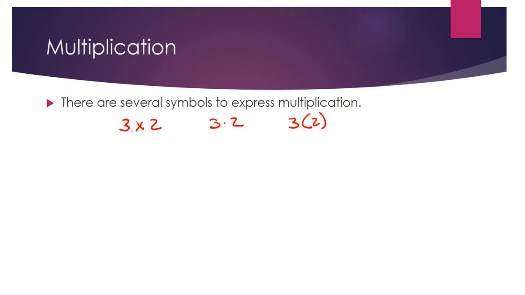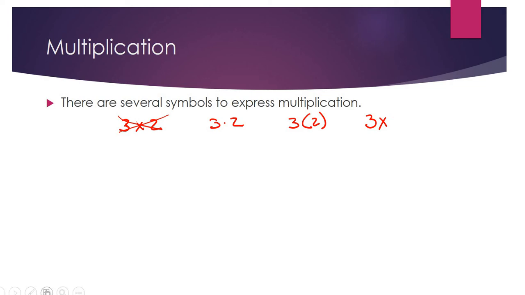Now that we're doing algebra and we're going to be using x as a variable more often, I want us to get a step away from using the x as a multiplication symbol. We're going to stick with the dot, or the parentheses. Keep in mind also that if we're multiplying a number times a variable, we don't have to put the dot or the parentheses in there because it's just understood to be multiplication.